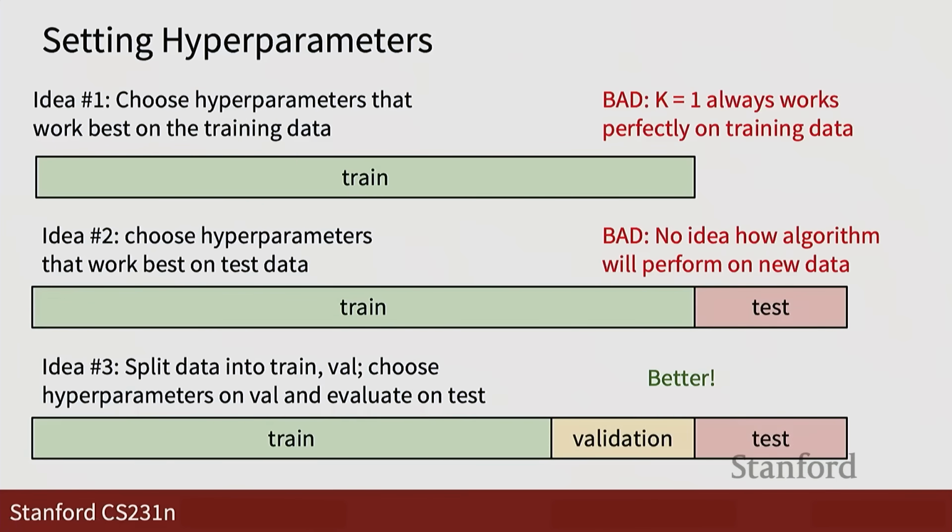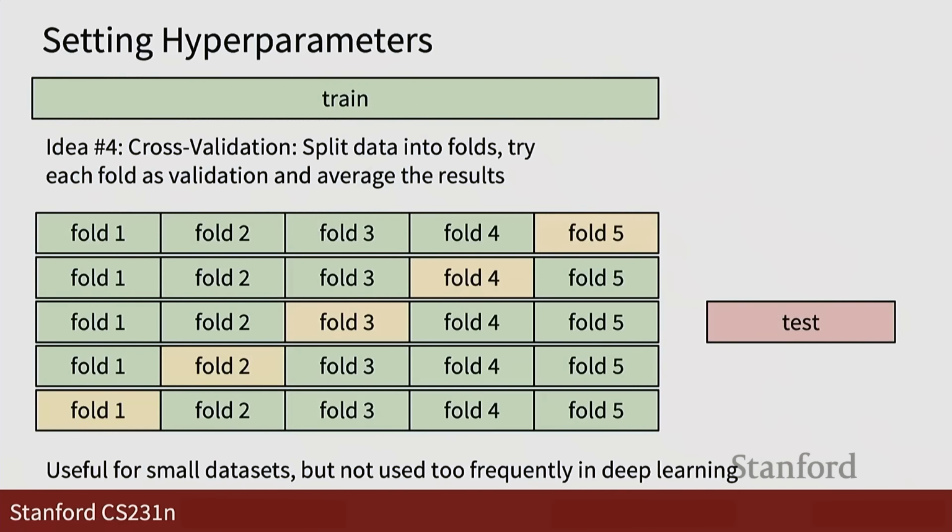And that's why a better approach is to use cross-validation for setting hyperparameters. Basically, you split your training data into a number of folds, a number of partitions, here in this case 5, and each of the folds plays as the validation set once, and iteratively you run this 5 times for 5-fold cross validation.